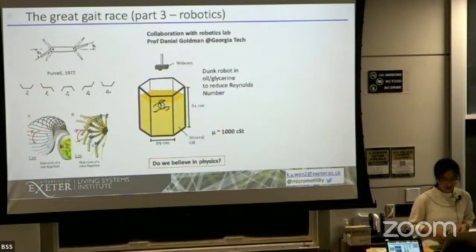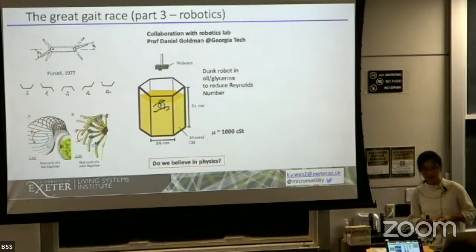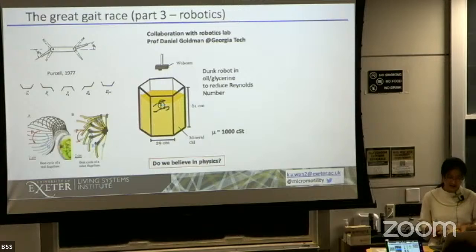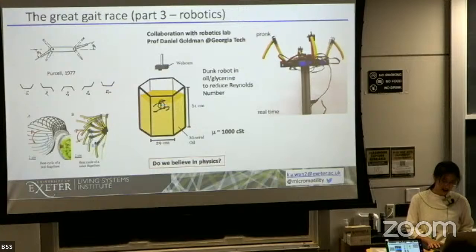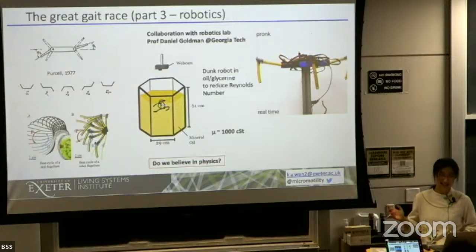And so for this particular experiment, in collaboration with Dan Goldman, what we did was place one of these artificial robots inside a large tank of glycerol or mineral oil. This obviously increases the viscosity many-fold, and then we can calculate the Reynolds number again, and assuming it is very small, although not as small as what the organisms would typically experience, you can start to ask this question.